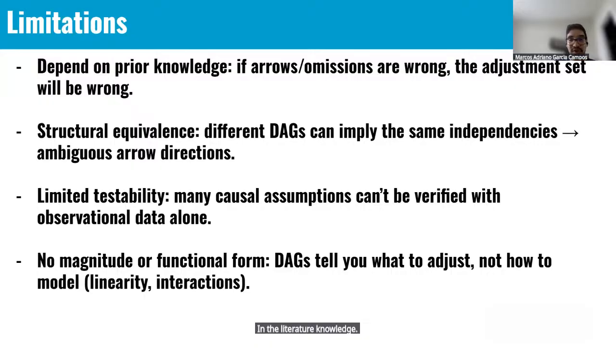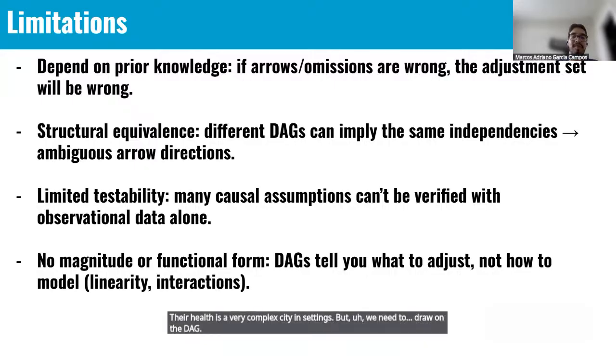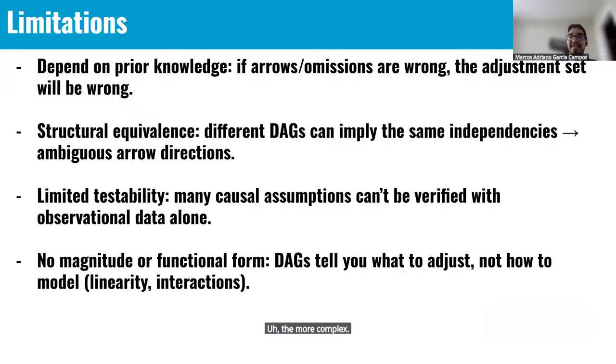So sometimes we know health is very complex, and we need to draw on the DAG the more complex explanations, but of course, be parsimonious. Be parsimonious in the sense of not putting in a lot of variables that complicate things and are difficult to explain and discuss afterwards, but insert the best variables that could explain your model.